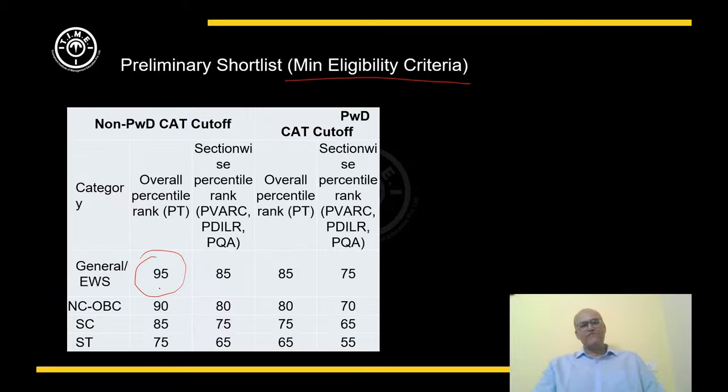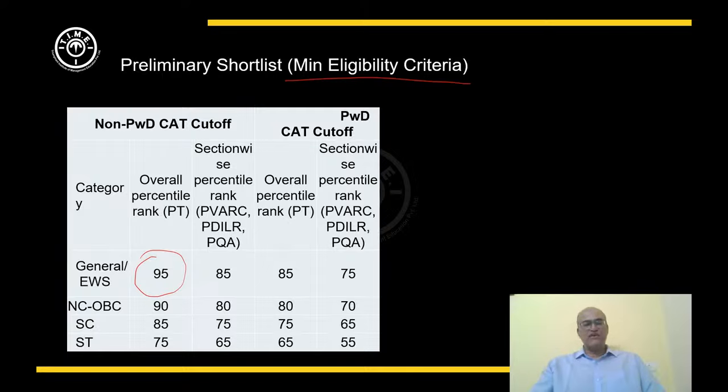So 80 percentile was what was needed for general category and EWS category. Hence, people from certain graduation backgrounds used to find it very comfortable to get calls from IIM Ahmedabad. But this year, that will not be the case because IIM Ahmedabad has increased the required CAT percentile by 15 percentile points and made it 95.